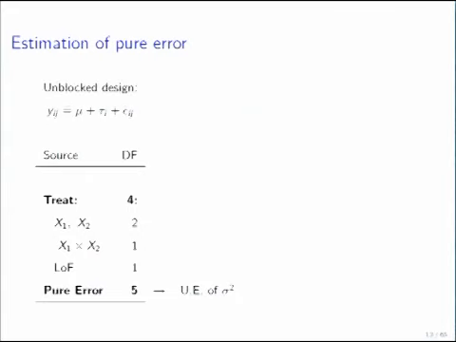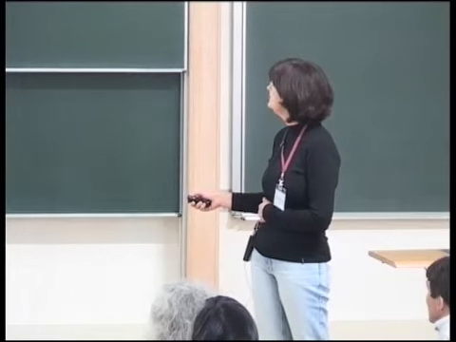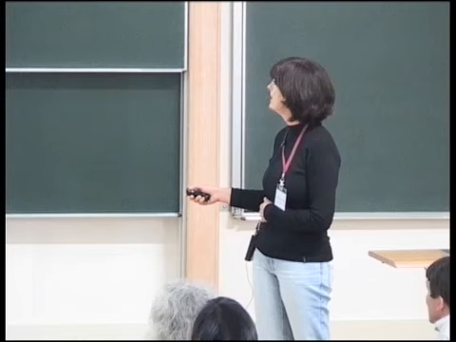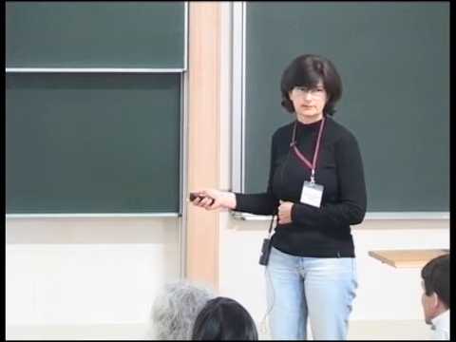So for the treatment model, we have 4 degrees of freedom for treatment. 2 can be used for linear effects, 1 for interaction, 1 for curvature, and 5 degrees of freedom for pure error. That will then allow us to get an unbiased estimate for sigma squared.